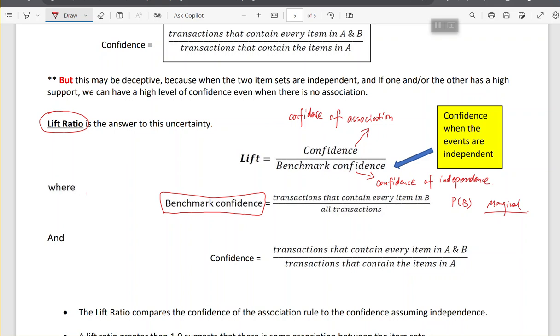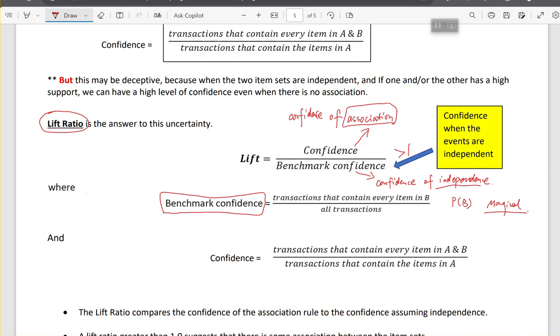If we take the ratio of these two confidences, and this ratio is larger than 1, what do you think that means? It means the association confidence is larger than the independence confidence, so we tend to have quite strong association.